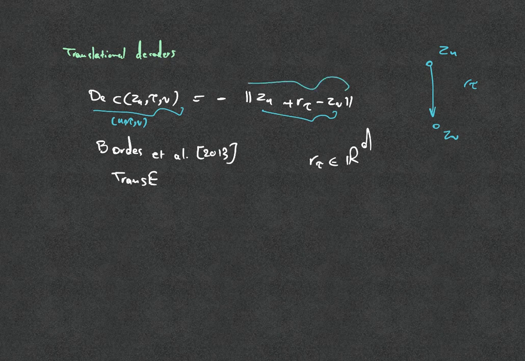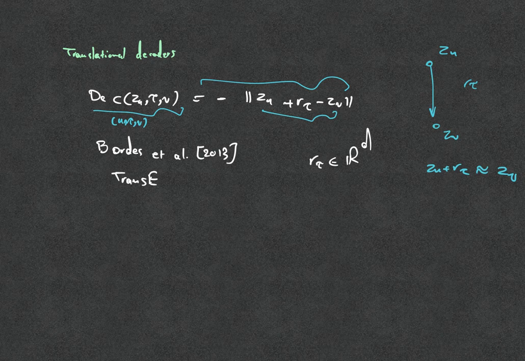And since the entire thing is negated, the likelihood is going to go up. So the relationship of ZU plus R tau being close to ZV guides what the decoder output should be.